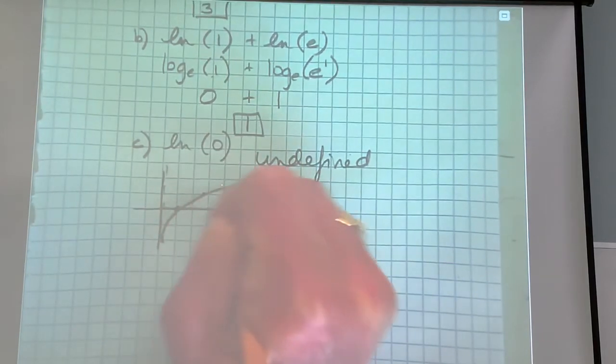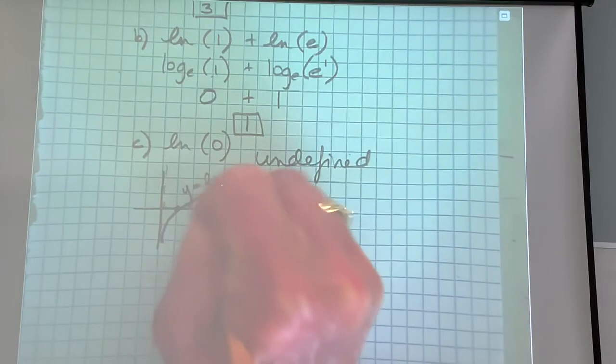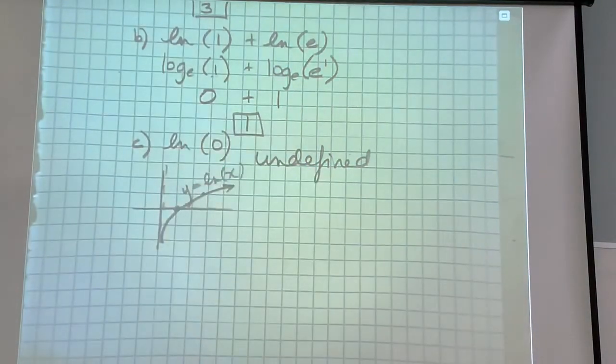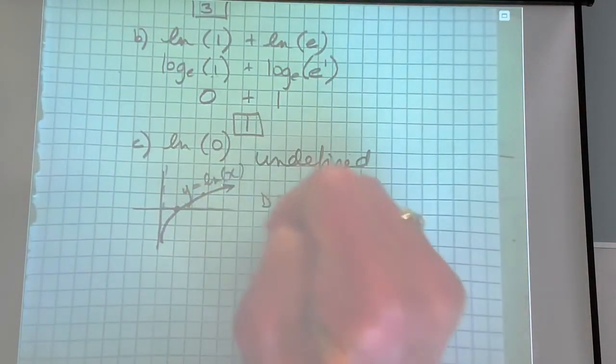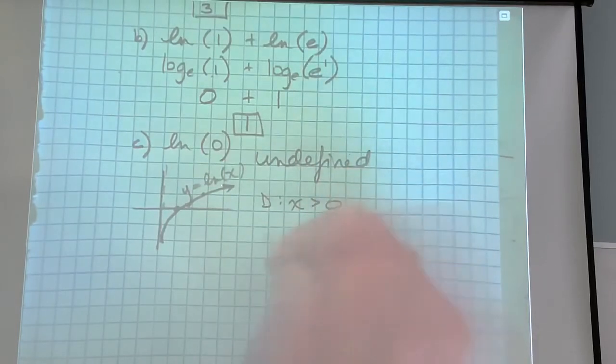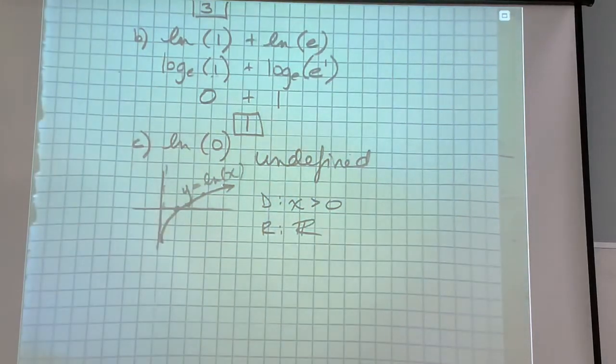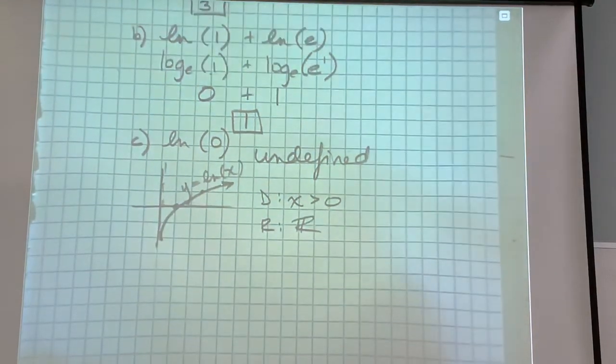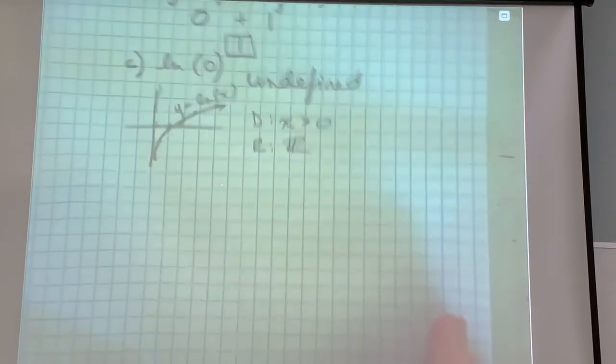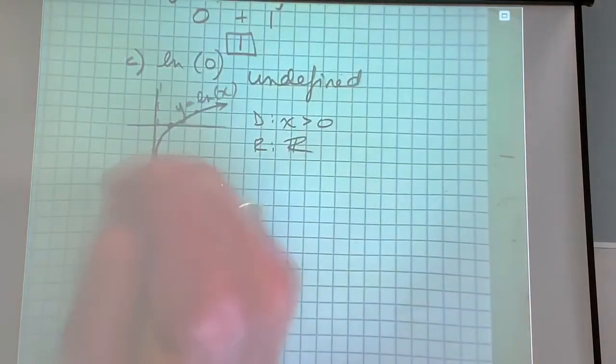That's y equals the natural log of x, and the domain is x's have to be greater than 0, and the range is all real numbers, so this is undefined. You cannot take a log of a negative number or 0. You just can't do it.